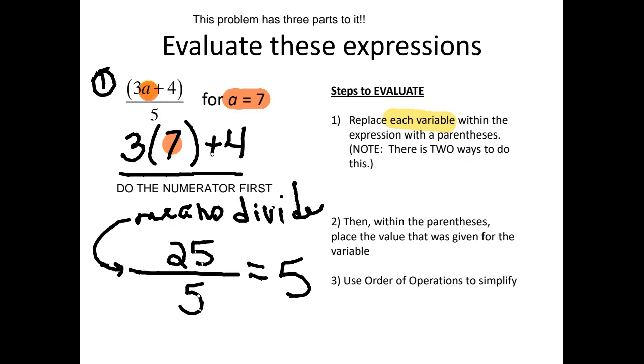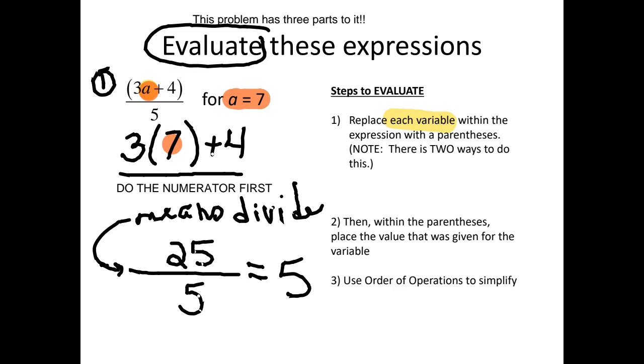Sometimes you have a whole lot of stuff in the numerator, and sometimes you're going to have a whole lot of stuff in the denominator. We got lucky here. We only had one number in the denominator. Okay, so all I had to do was rewrite the denominator, but I have to finish because I want to evaluate. Okay, so to help you, first do the numerator.